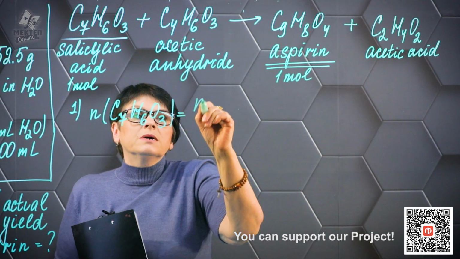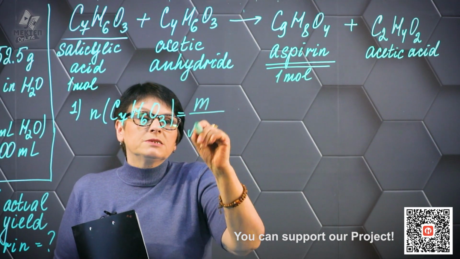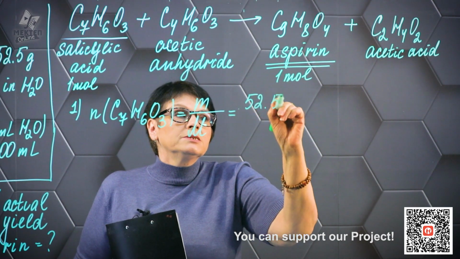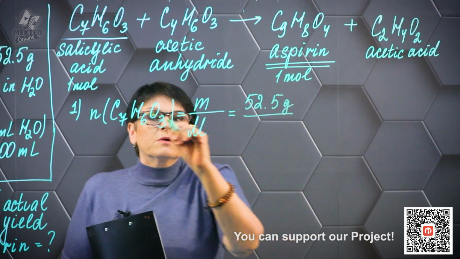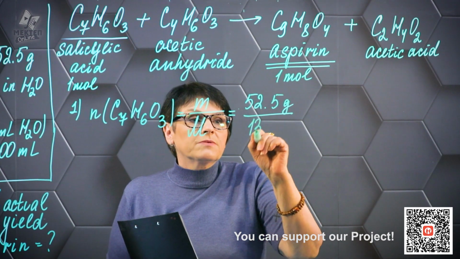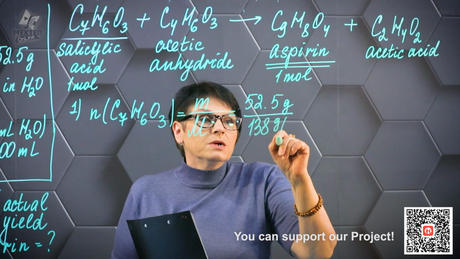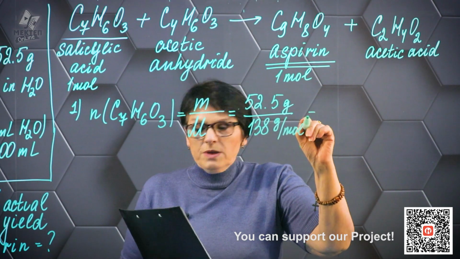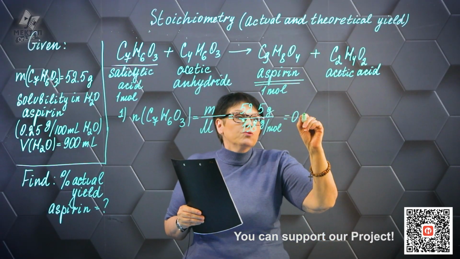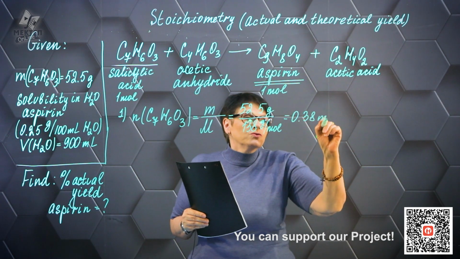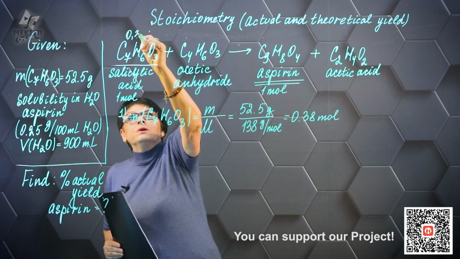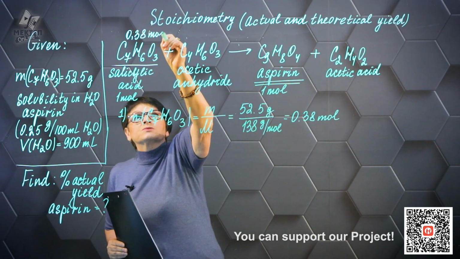We divide the mass of the substance, 52.5 grams, by the molar mass, and the molar mass of our salicylic acid is 138 grams per mole, and then the amount of salicylic acid by the condition of the problem is 0.38 moles.